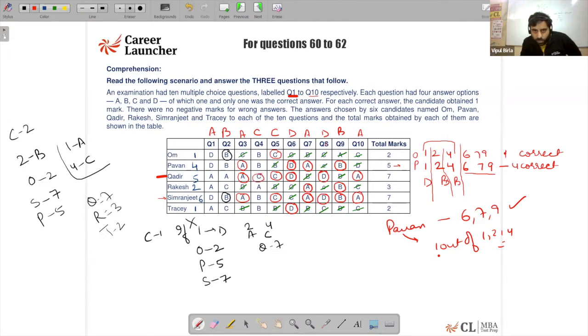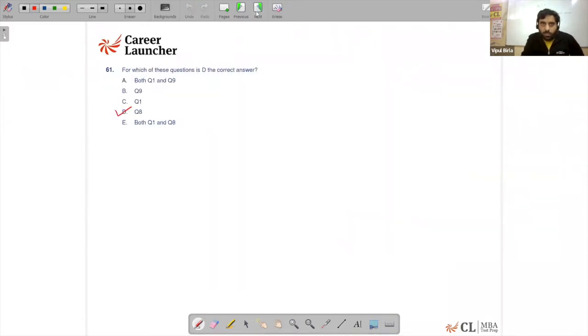Fifth it is 3. Sixth it is 3. Seventh it is 3. Eighth 2. Ninth is 3. So it's going to be the fourth question, which is answered by the least number of people. That is only 1. So this is how we'll be able to solve this question.